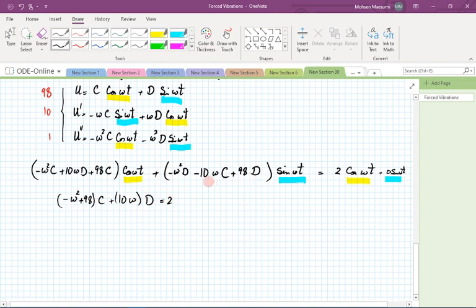This one I collect like this. I have minus 10 omega c. That mistake there, c. How about d? Minus omega squared plus 98 d.